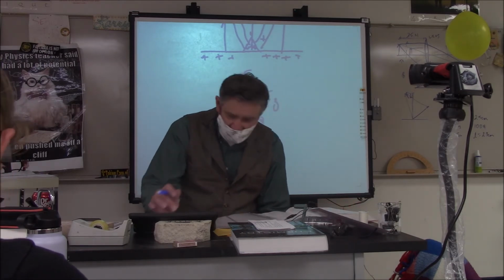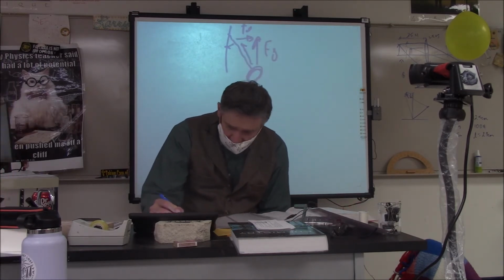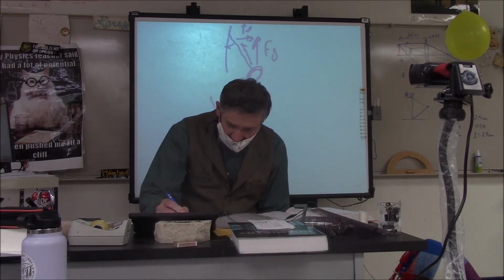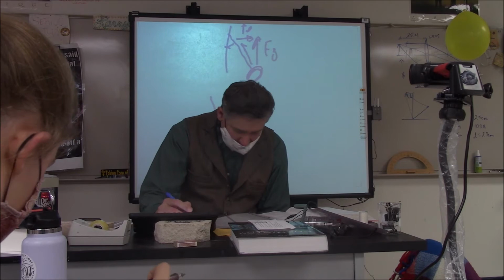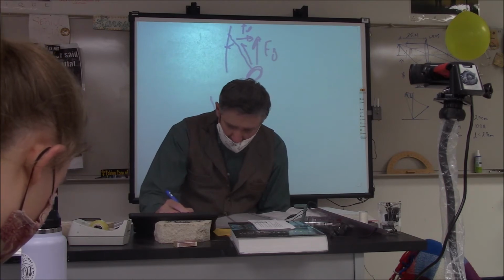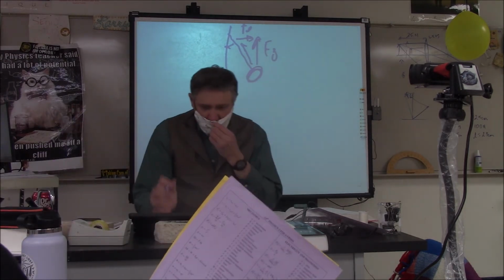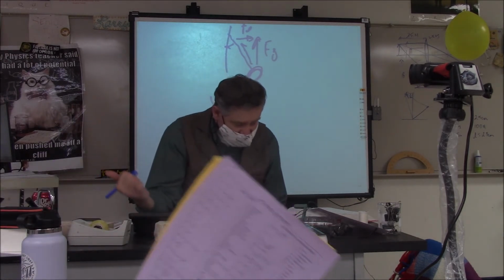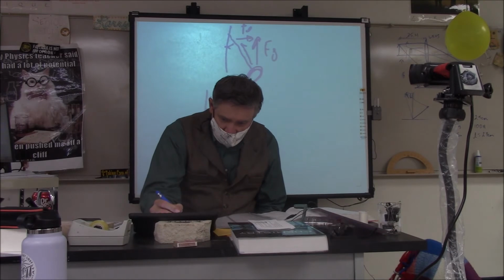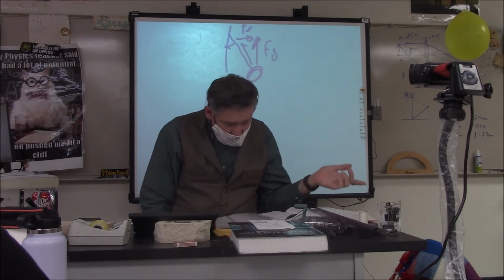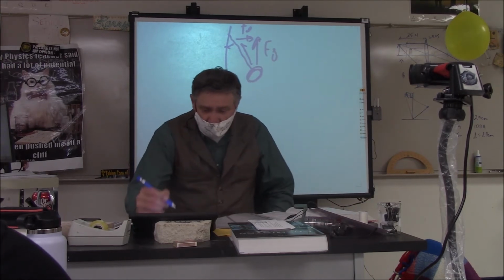So, on 65, here's the deal. You have the value of the electric field, right? So you've got that pushing over to the right. You've got your angle, that's 20 degrees. And then you've got a 5-gram ball.